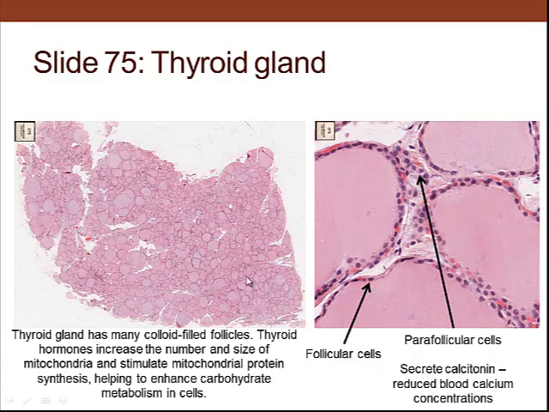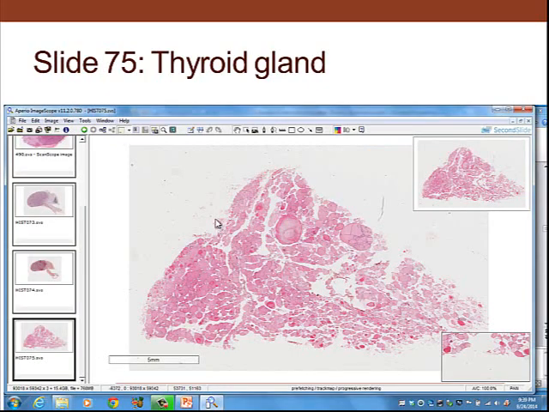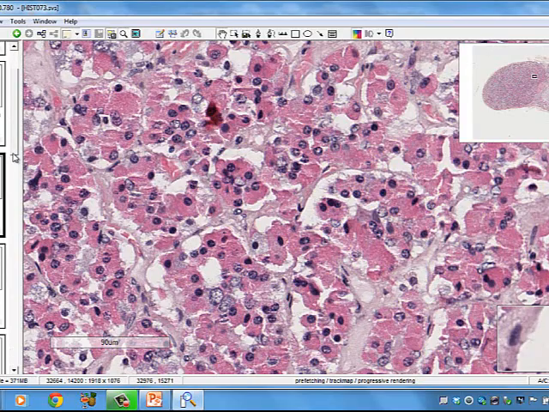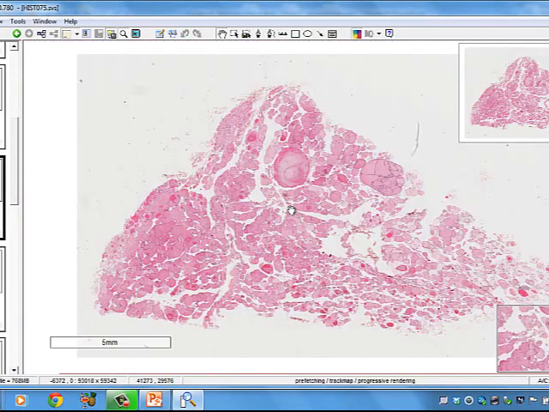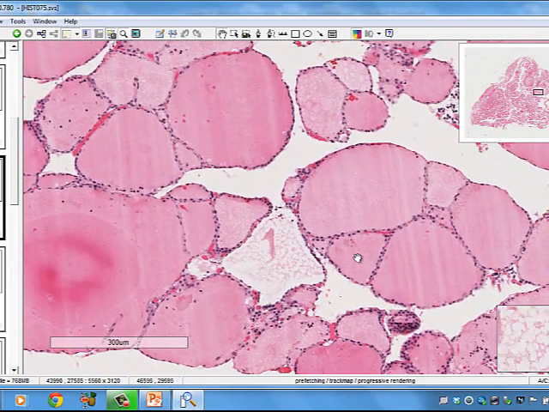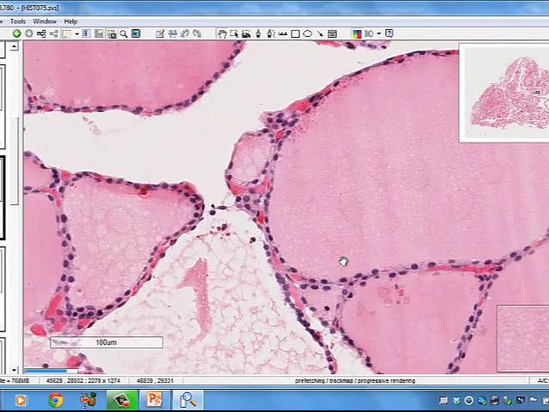And if we look at the thyroid, we can see the follicular cells, the colloid in through there, and this is the one that we'll be seeing today, 75. So if we look at 75, we'd be able to see the follicular cells surrounding these.